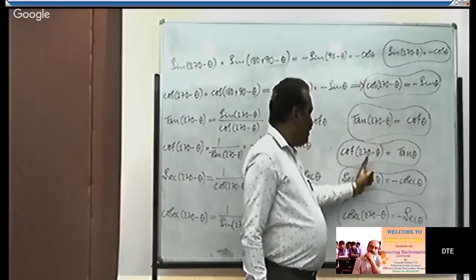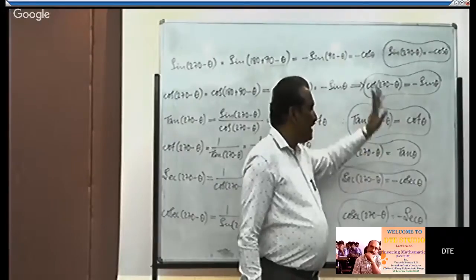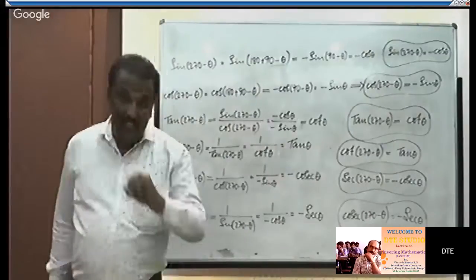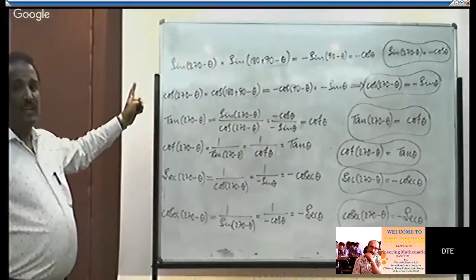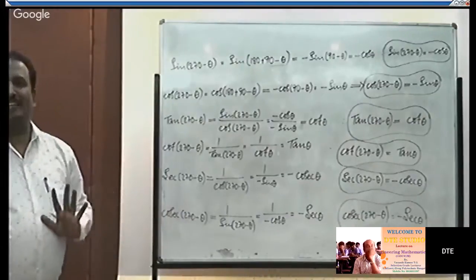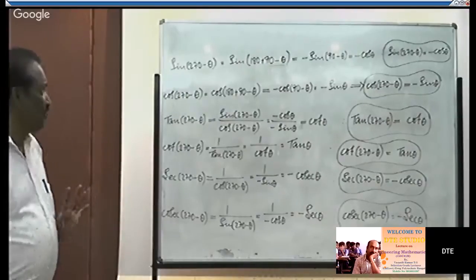When we connect 270 minus theta for cot of an angle, the result on the right hand side is positive, and all others take a negative sign. This is how the angle 270 minus theta is allied to theta when it is connected to all 6 trigonometric functions.